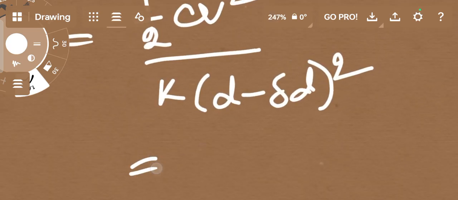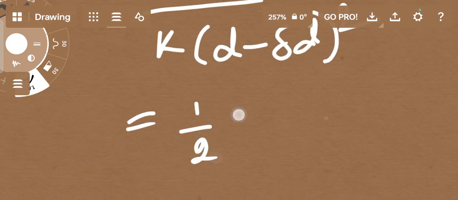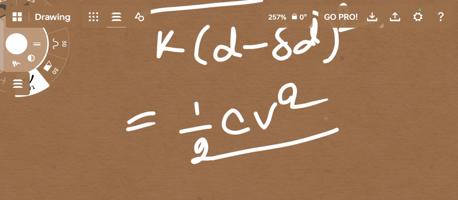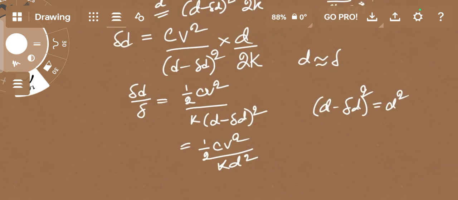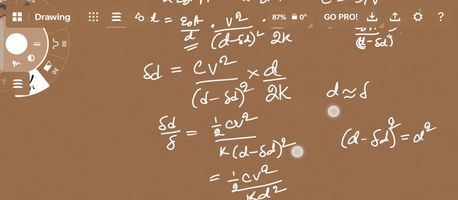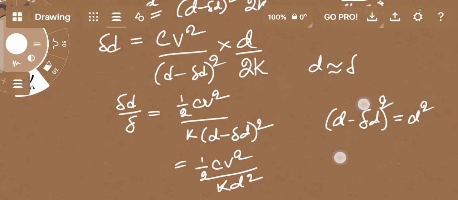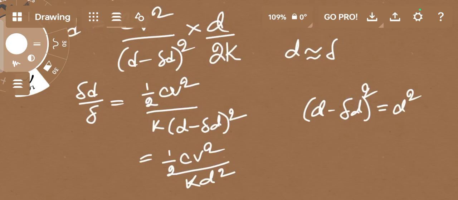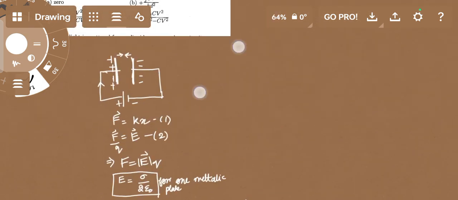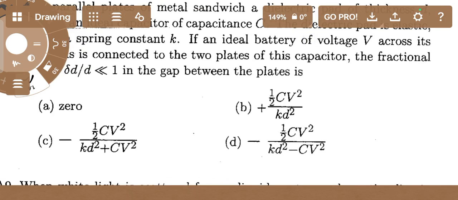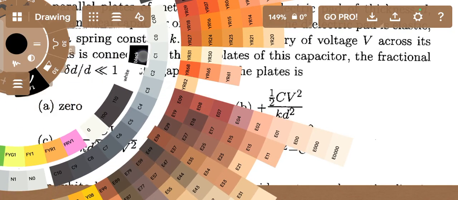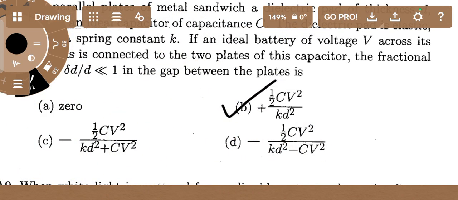So you will get half CV square by k d square. Okay, just change it like that, and you will get this form, half CV square by k d square. So let's check which option matches. It looks like option B matches with our answer, so this is the correct answer.